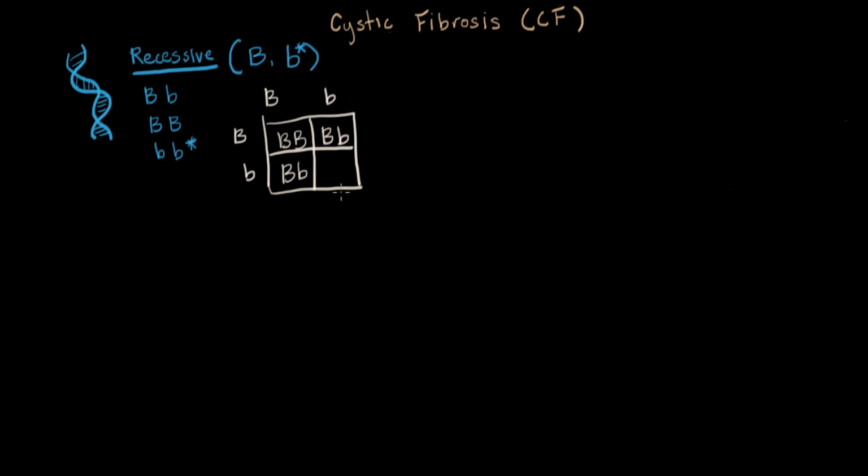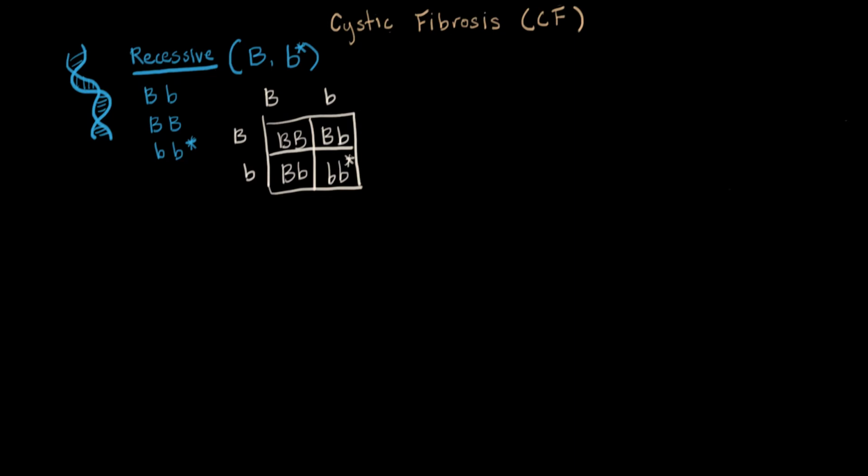But for this last one, you get small b, small b, and this child has CF. So for this particular combination, it's 1 in 4. So you can imagine the math gets a little more complicated depending on what the parents have. All of this to say that cystic fibrosis is something that's passed down genetically, and whether or not a person gets it depends on what their parents have for the CF gene.